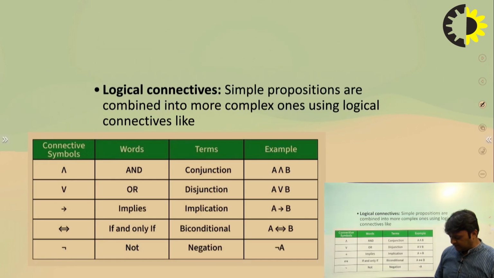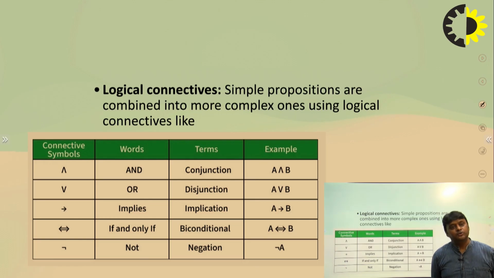There are various logical connectives used for propositional logic. One of them is and, the others are or, implies, if and only if, and not. These are the basic logical connectives used for propositional logic.